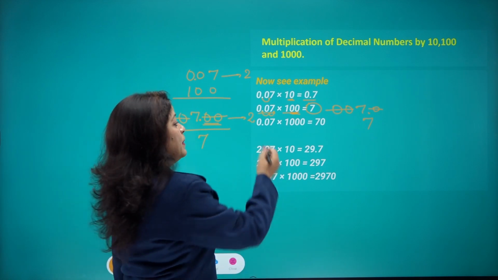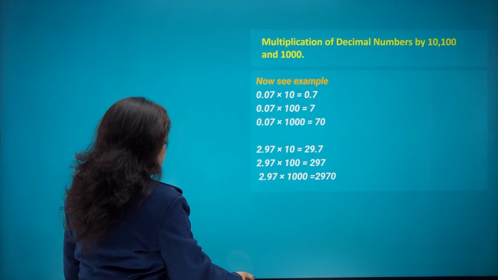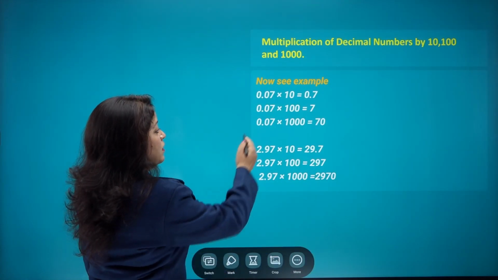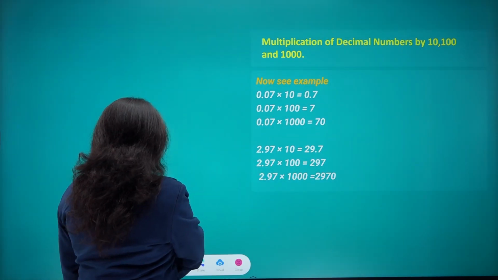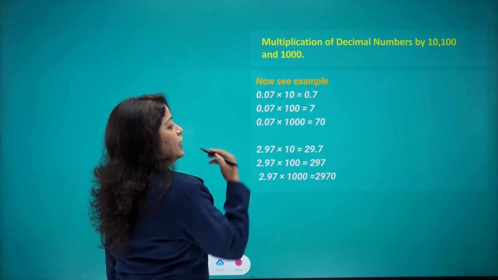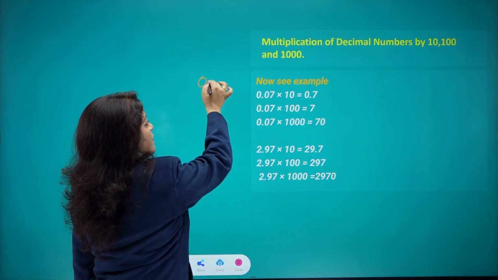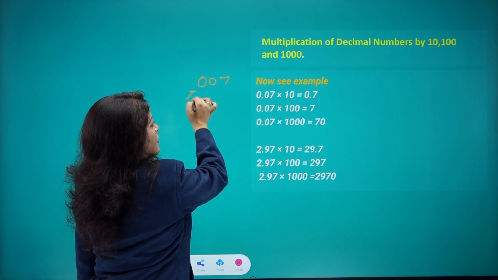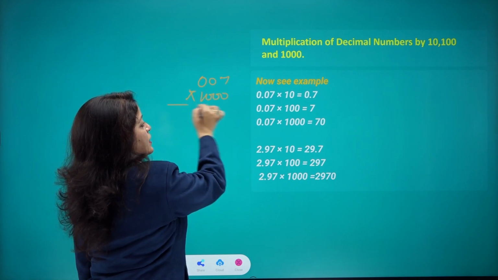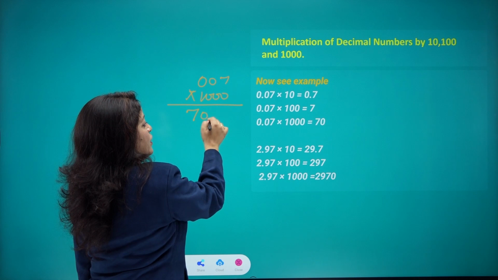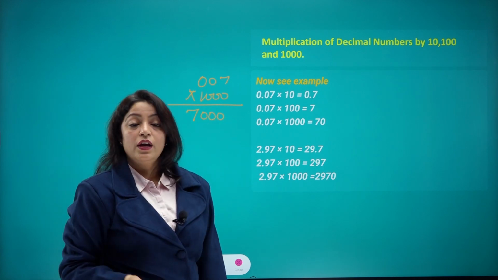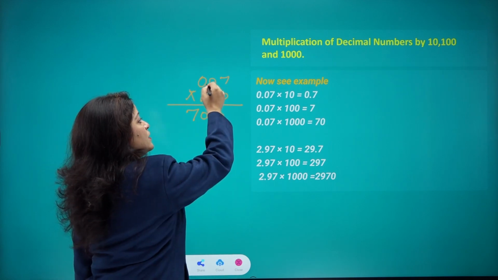Similarly, when we multiply any number, say 0.07, by 1000, in this case what will we do? In short, we can say 007 multiplied by 1000. So, here it has to be like 7 and 1, 2, 3 zeros. In the question, where was the decimal? It was here.